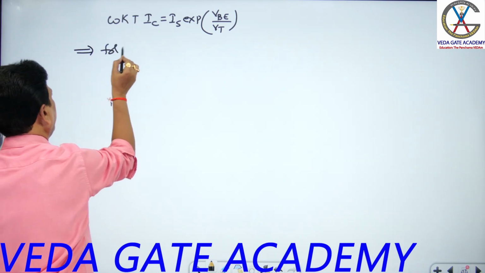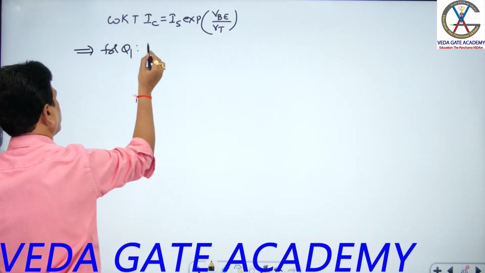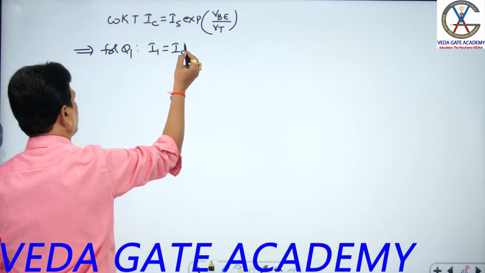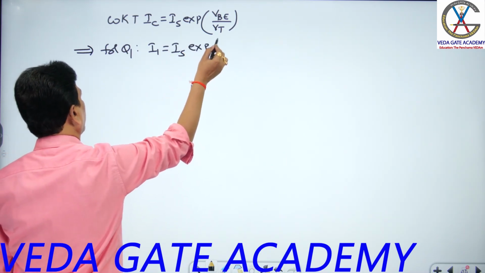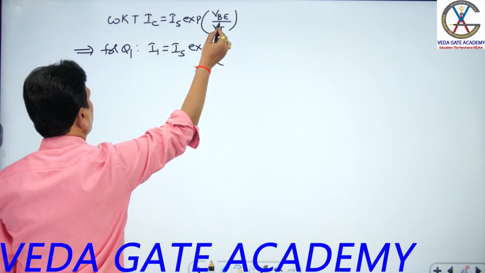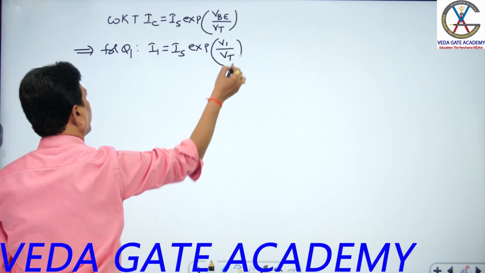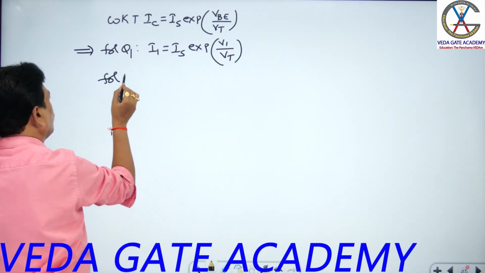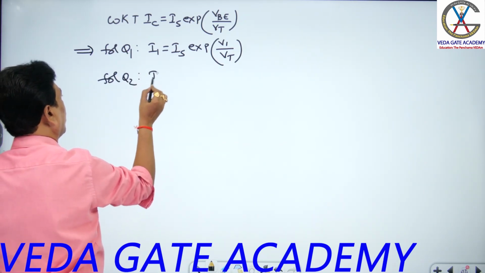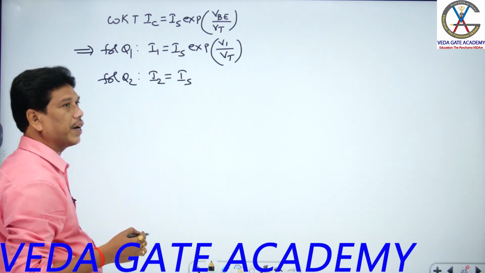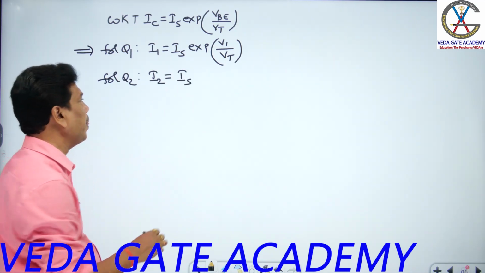For Q1, IC means I1 there, IS is unknown, sir. That should be the same for both transistors because both are identical. VB means VB1, sir. VB1 equal to V1, so exponential of V1 by VT. For Q2, I2 is nothing but the collector current I2, sir. Same because both are identical. The operating temperature is also the same.